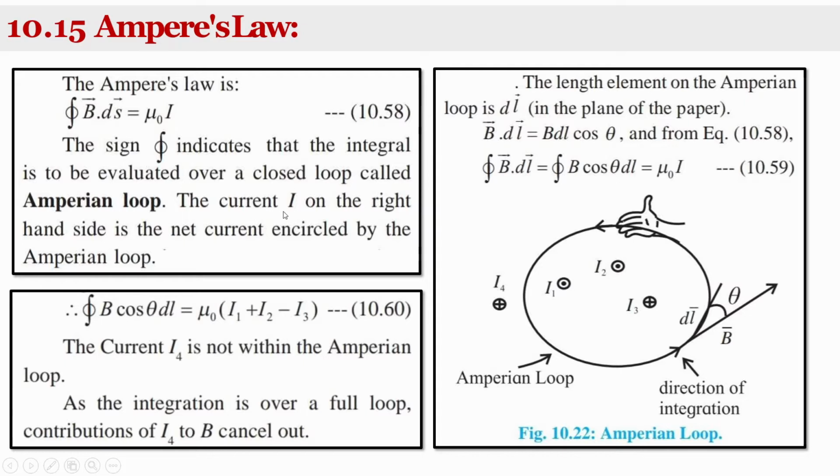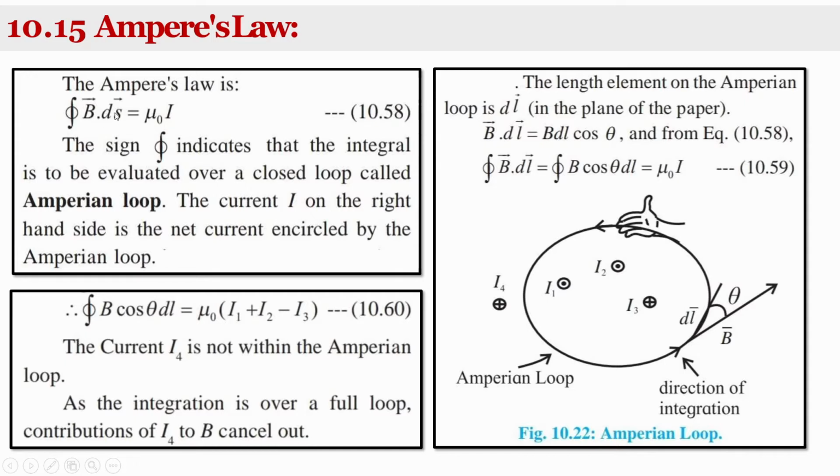The current I on the right hand side is the net current encircled by the Amperian loop. So this is the mathematical formula for Ampere's law.